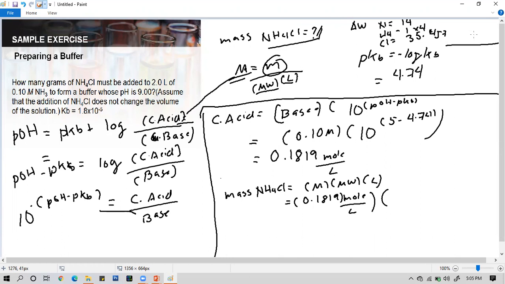So, our molecular weight is 53.457 grams per mole. Sir, what is the volume?